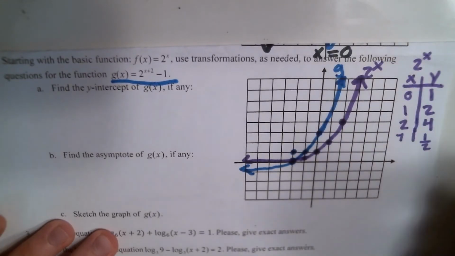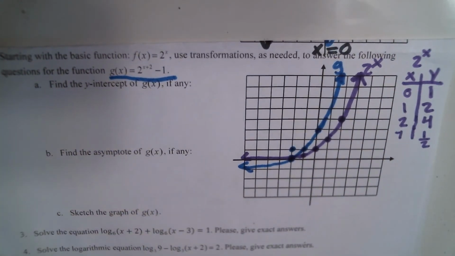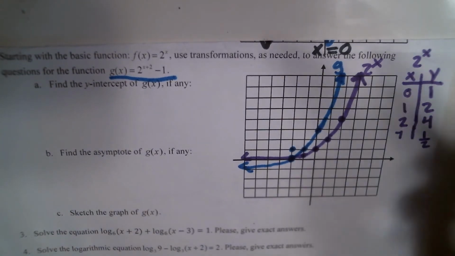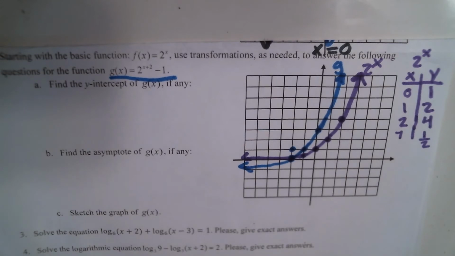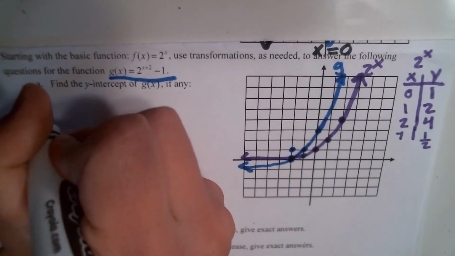So this is our graph of g. We moved it 2 to the left and down 1. Now let's find the y-intercept of our function, which again just happens when you plug in x equals 0.